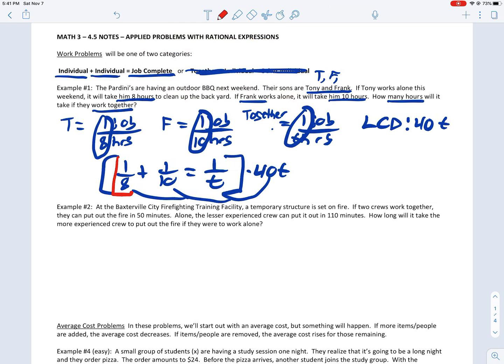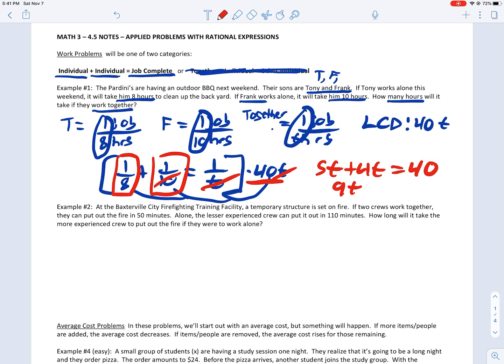So 1/8 into 40t, 8 goes into 40, right, 5 times. So this would become 5t. Right, 1 over 10. 10 goes into 10 once and into 40 4 times. So this would become 4t. Here the t's reduce, and all you have left is 40.